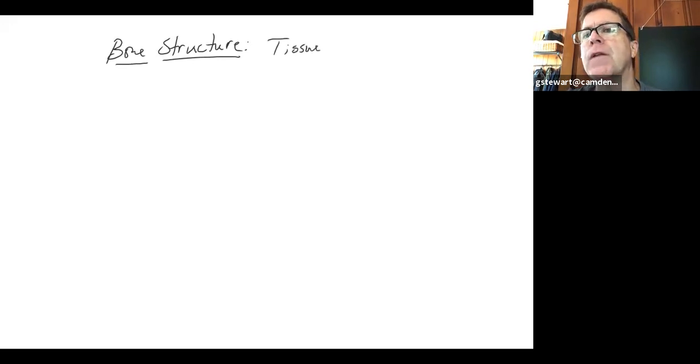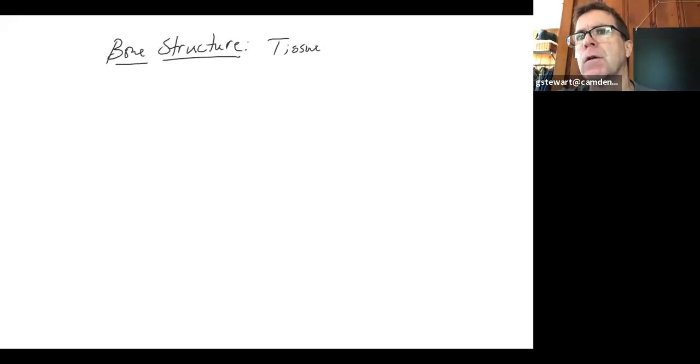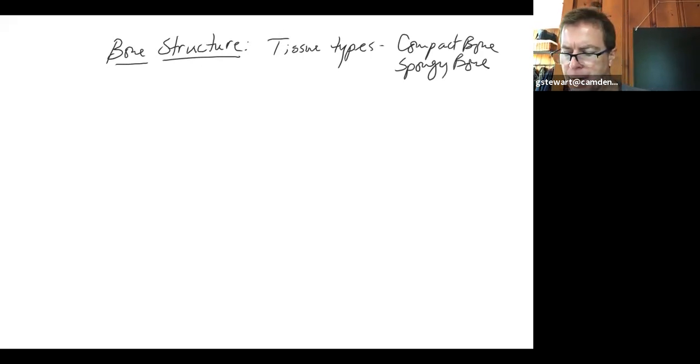Remember, there are 2 major types of bone tissue in the human body. That's compact bone and spongy bone. So I'm going to call those back up just to your memory. Compact bone is the thick, hard stuff. I'm going to talk more about how it's arranged in detail later.